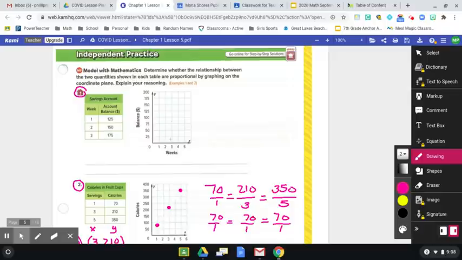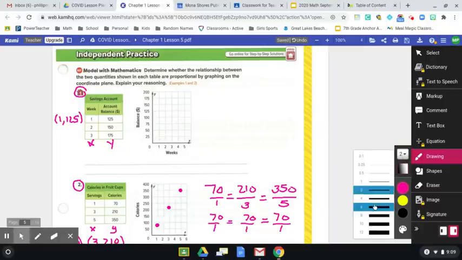So we've got weeks on the x-axis here. We've got the account balance, the dollar amount, on the y. So if we were to graph these coordinate points, that means I'm looking at graphing 1 and 125 here. So I'm going to go over 1 week and up to 125.